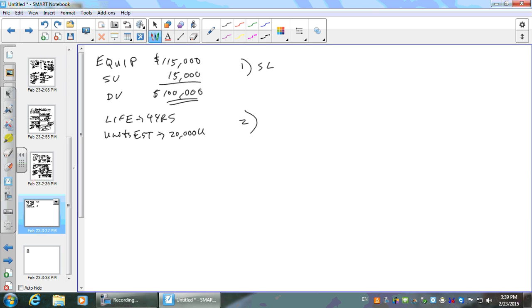Two is going to be double declining balance. That's 200% declining balance, right? Three is going to be units of production. And four is going to be sum of the years' digits.